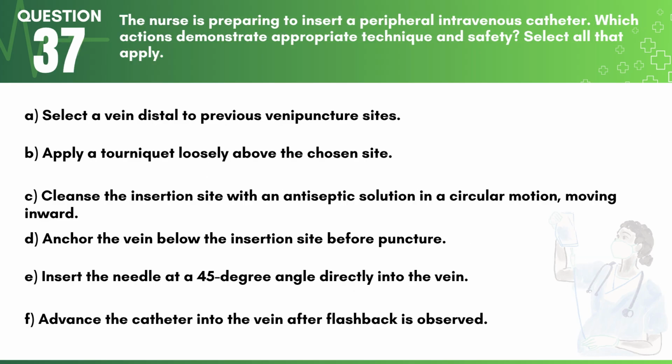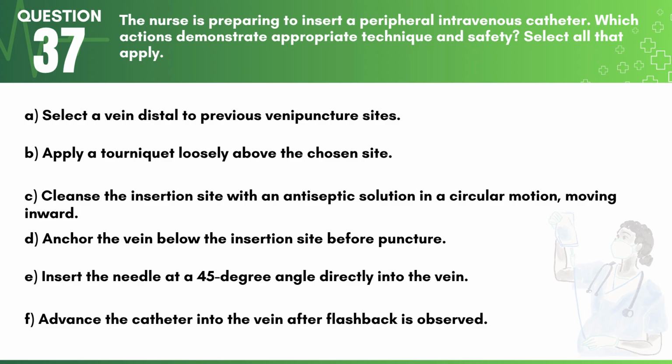Question 37. The nurse is preparing to insert a peripheral intravenous catheter. Which actions demonstrate appropriate technique and safety? Select all that apply. A. Select a vein distal to previous venipuncture sites. B. Apply a tourniquet loosely above the chosen site.